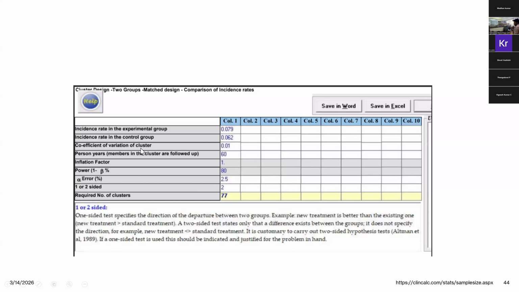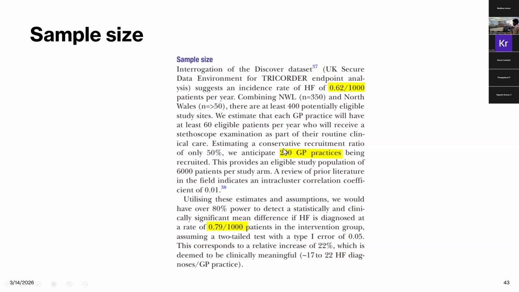The person years that they assumed was 60, and they had assumed a power of 80% with an alpha error of 2.5%. Based on these parameters, using the nMaster tool, we calculated a sample size of 77 clusters. Whereas in the study, they actually recruited even more clusters, about 200, which we felt was an adequate sample size.